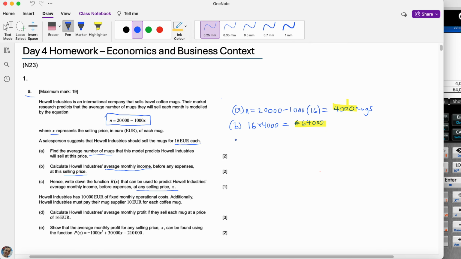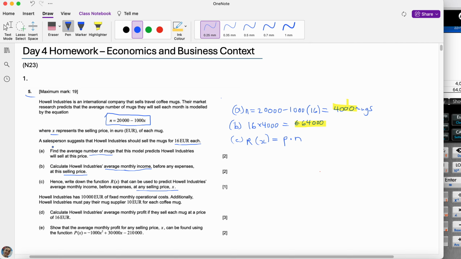They're using R of X because it's revenue. And remember what revenue is: it's the price that you're charging times however many units you're selling. That's what they're trying to have you develop.